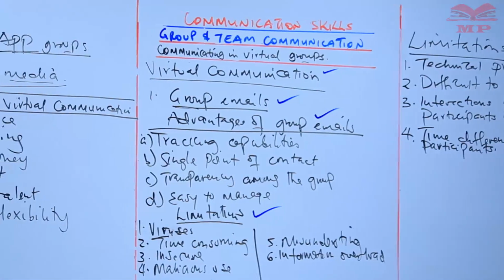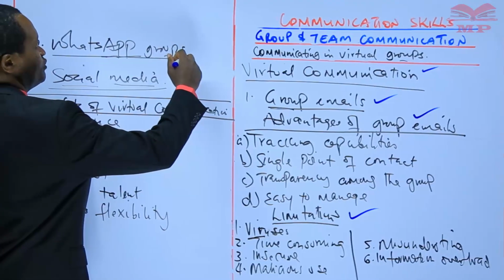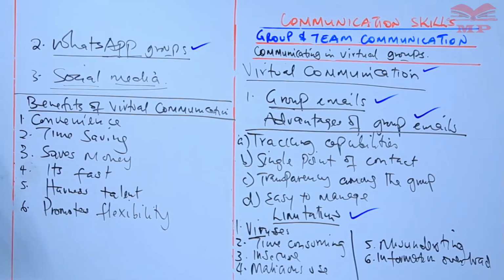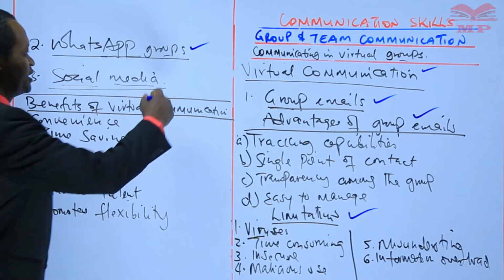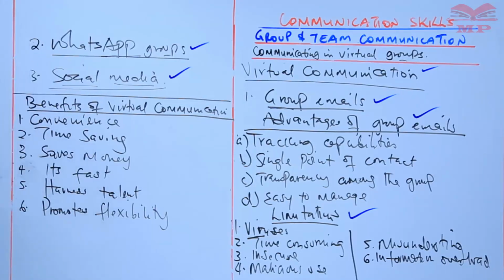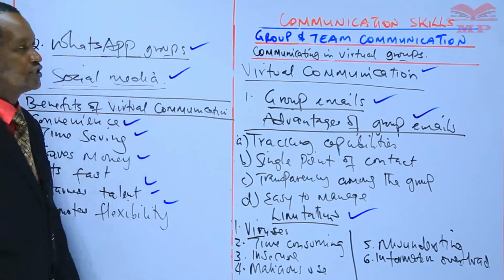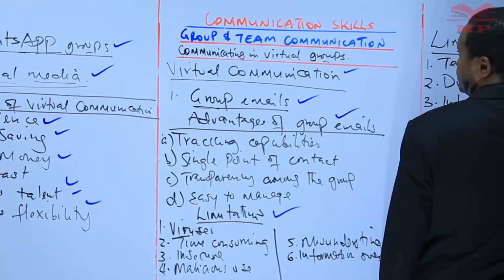We went further to discuss the second type of virtual group, which is WhatsApp groups. We explained how they are formed. We've gone further to discuss social media. We've outlined the various social media platforms like Facebook, YouTube, LinkedIn, and so on. Then we've discussed the advantages and disadvantages of virtual communication.